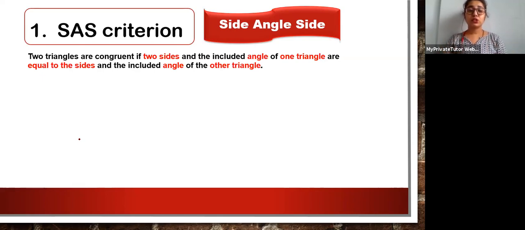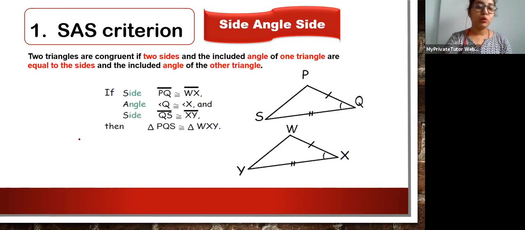So two triangles are congruent if they satisfy the condition: two sides and the included angle of one triangle. Here we have a triangle and here we have a triangle. In this, two sides and one angle, in this also two sides and one angle. If both of these are equal, then both of those triangles can be considered to be congruent.